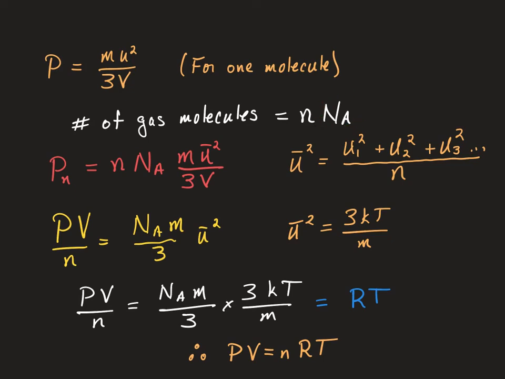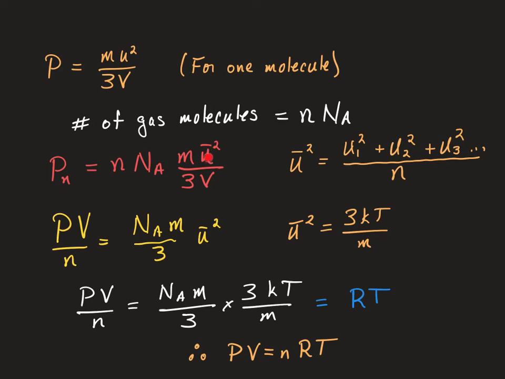So if we want the pressure for the whole n moles of gas, we have to take the number of moles times the number of molecules per mole times the mass of each molecule, right?